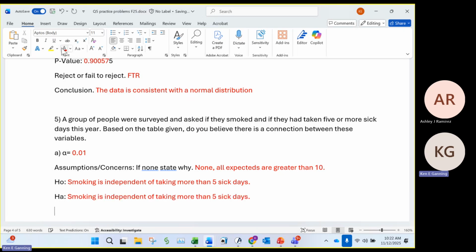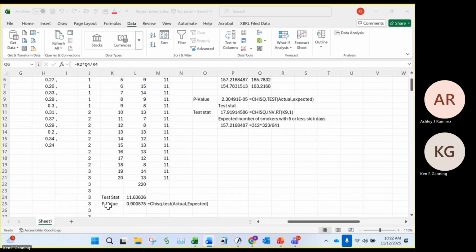HA: Smoking is not independent of taking 5 or more sick days. Test that.